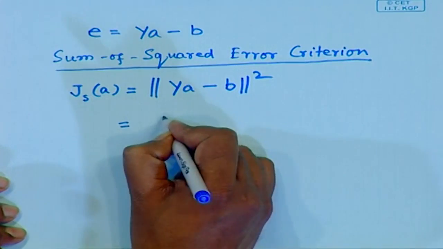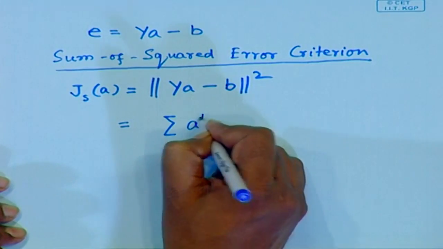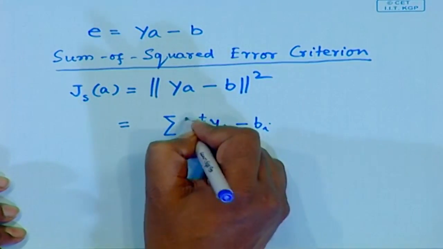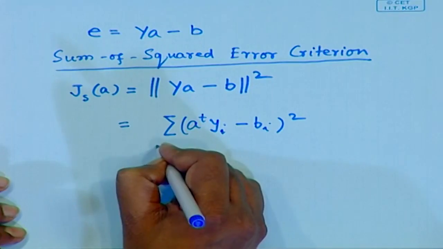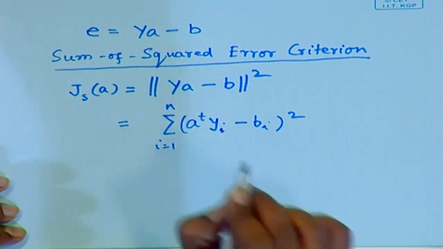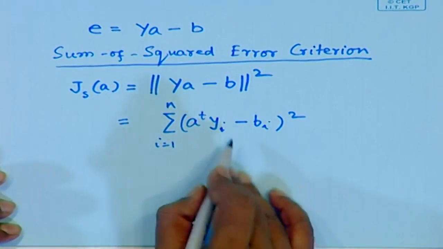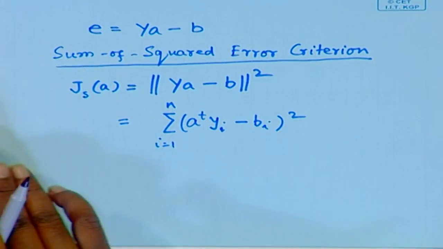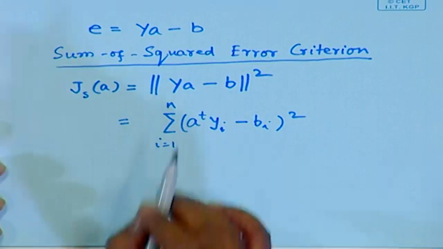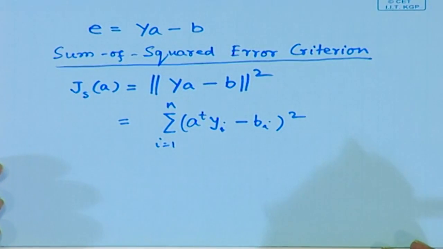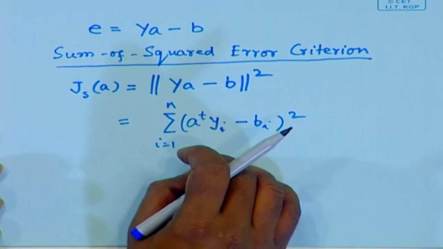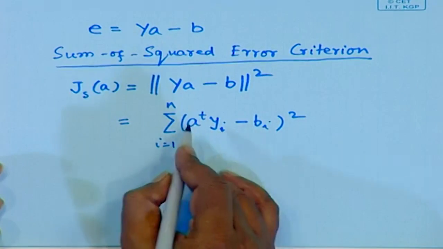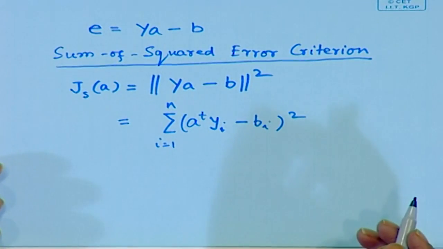In the expanded form, this is nothing but the sum of (a transpose y_i minus b_i) squared, where i varies from 1 to n. So, you compute the error for each and every sample vector, take the square of it, and sum over all the samples, that gives you the sum of squared error. And I will try to minimize this squared error while trying to get a solution for this weight vector a.